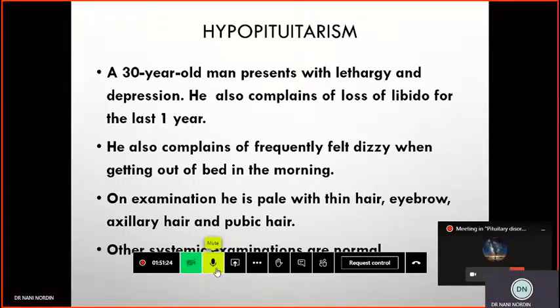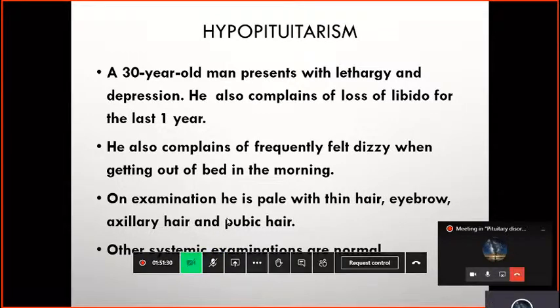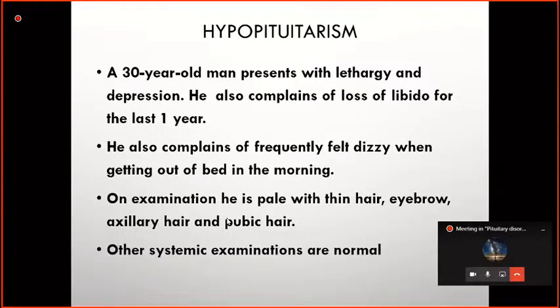Because there's lack of thyroid, so there's less activation of the cardiovascular system. So that means your heart is not activated, basically the cardiac output is decreased.